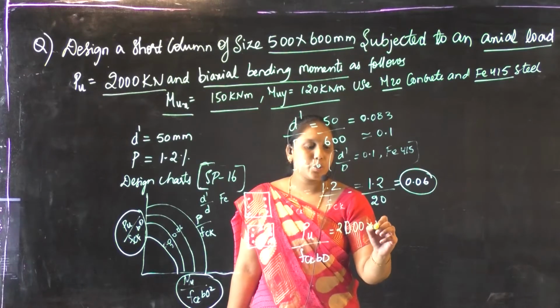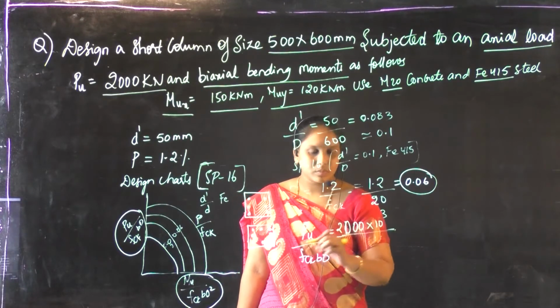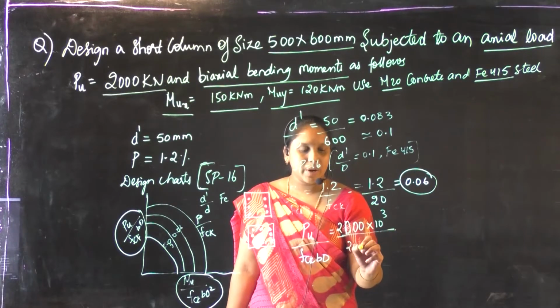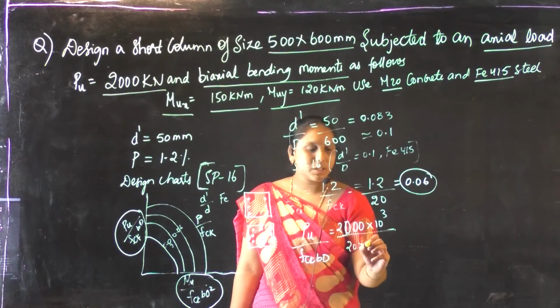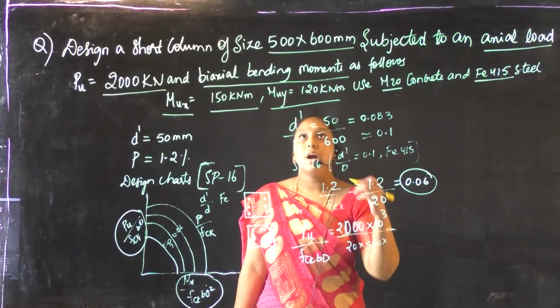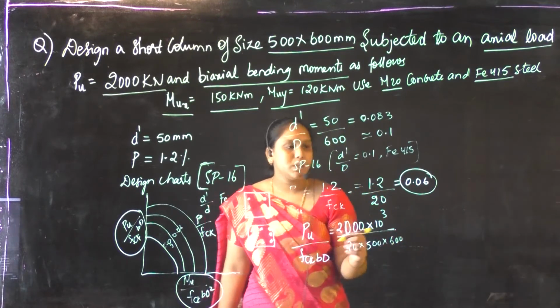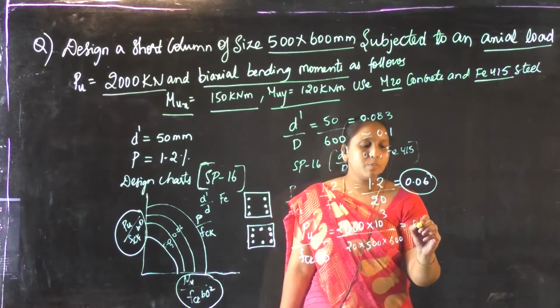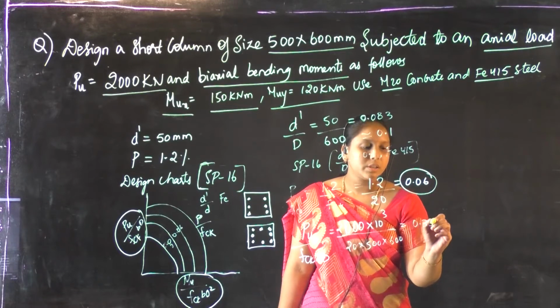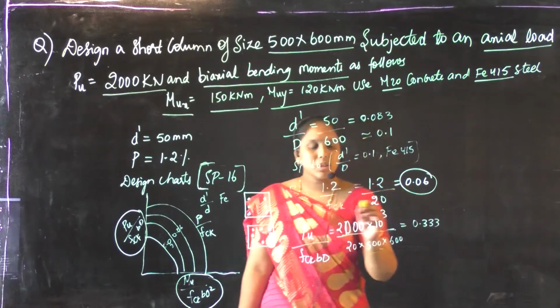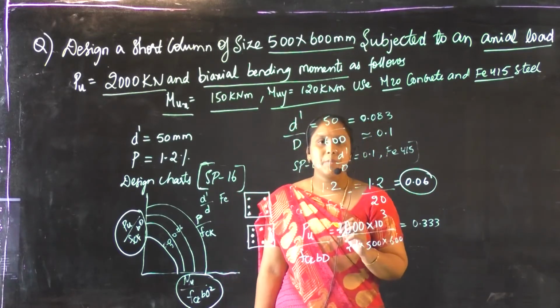I am converting it into newtons, into 10 cube, divided by fck, which is 20, b is 500 and D is 600. If you solve this, you will get a value of 0.333. So this will be our Pu by fck bD value.